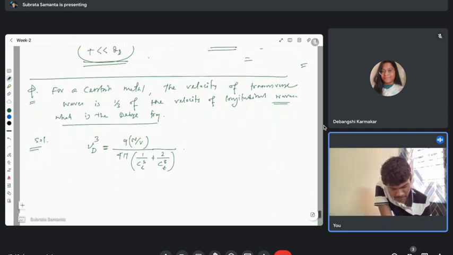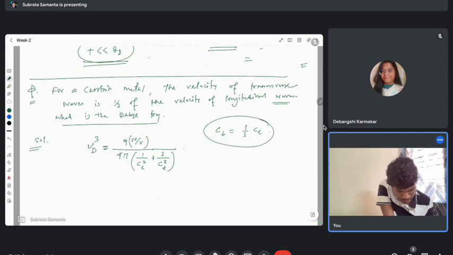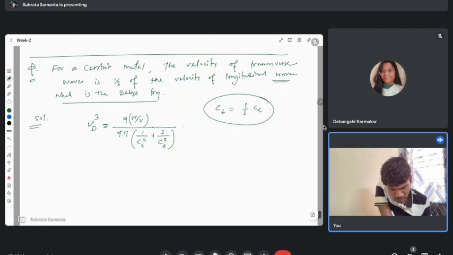In this case, the velocity of the transverse waves is one third of the velocity of the longitudinal waves. That means c_t is one third of c_l, right? Now there is one unknown, n by v. Let's say this is specified. Let's consider n by v as 6.02 times 10 to the power 28.